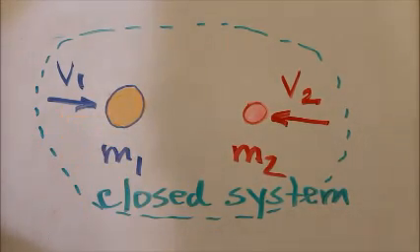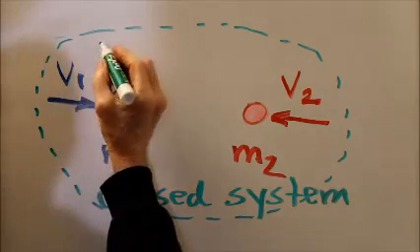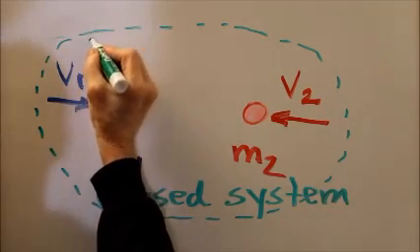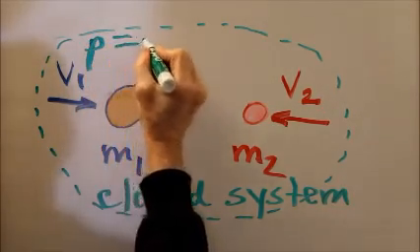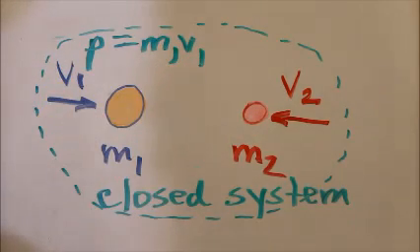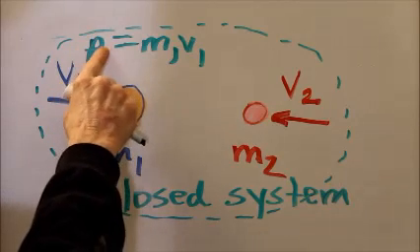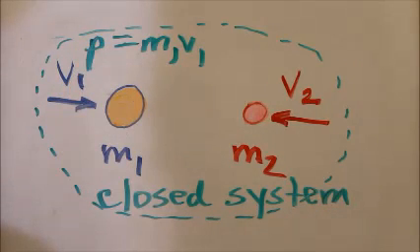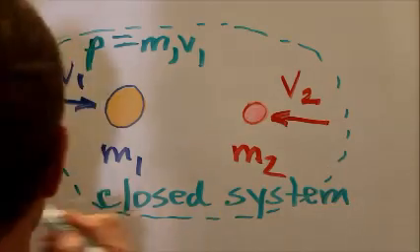The momentum here, which we might indicate as P equals m1 v1. If this is meters per second and that is kilograms, then this will be expressed in kilogram meters per second.